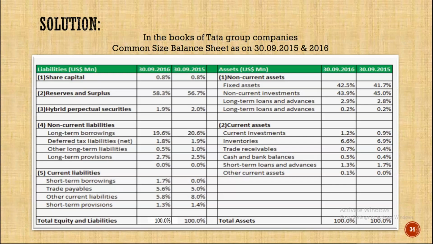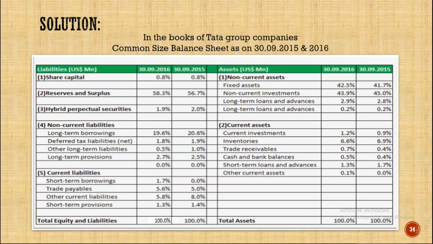Now, moving to the asset side, we can see here there is an increase in fixed assets, but there is a decrease in investment. Then there is an increase in current investment and a decrease in inventory.